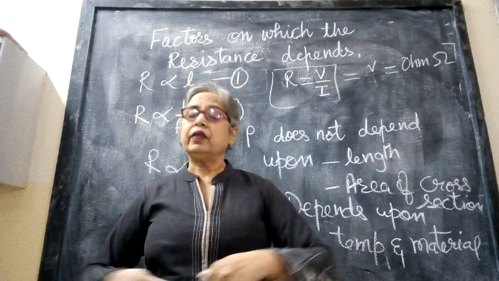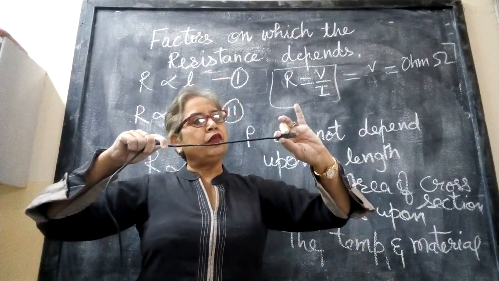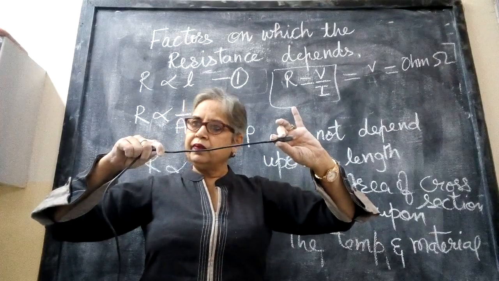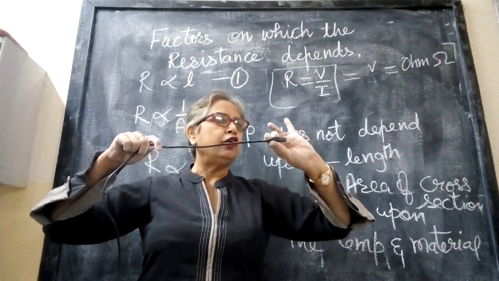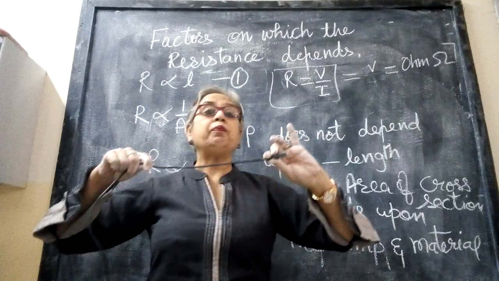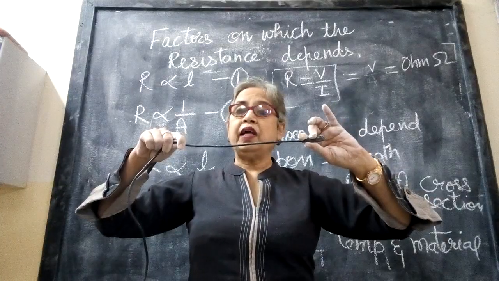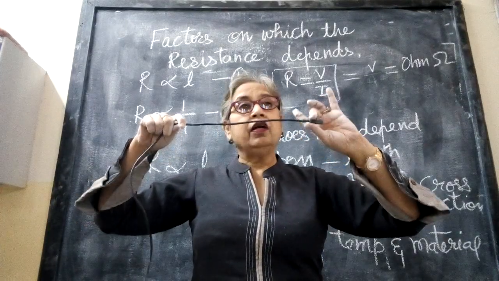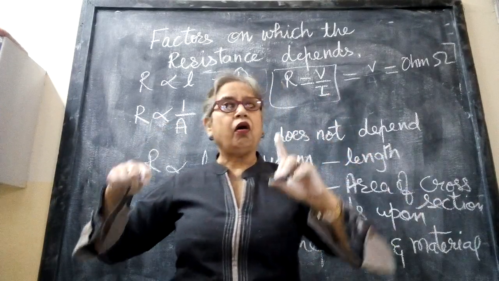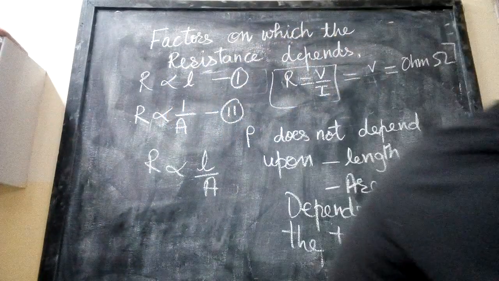Now I come to another example that this is a wire at a temperature of 40 degrees Celsius, okay, and it has resistivity rho. Now the same wire, same material, same length, but the temperature has now been raised to 80 degrees Celsius. Now the resistivity will not remain same.